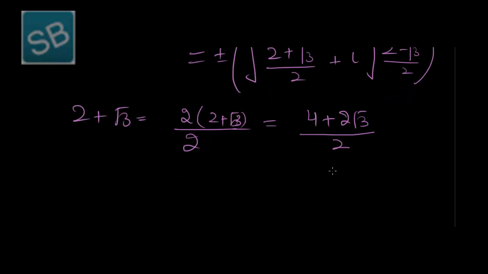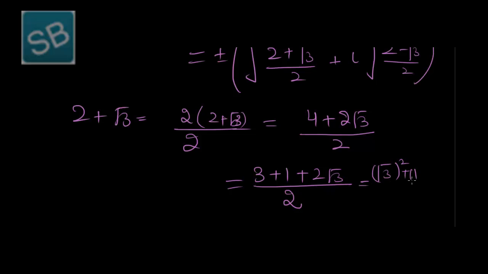Here 4 can be written as 3 plus 1, so that is root 3 square plus 1 square plus 2 root 3, over 2. So it can be written as root 3 plus 1 whole square over 2.